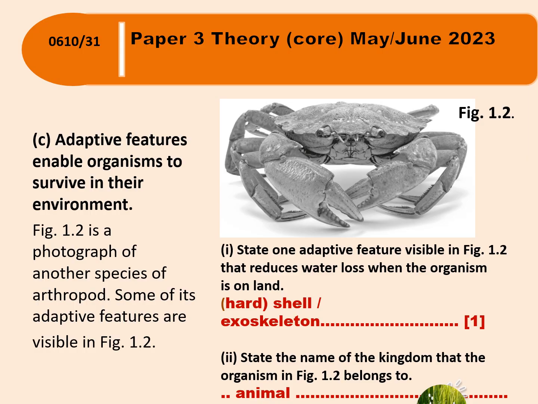So all arthropods have an exoskeleton, but in this particular species, it has hardened so that it prevents water loss when it's on land. So the answer is the hardened exoskeleton.